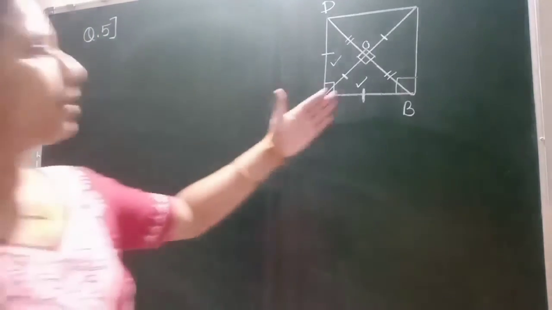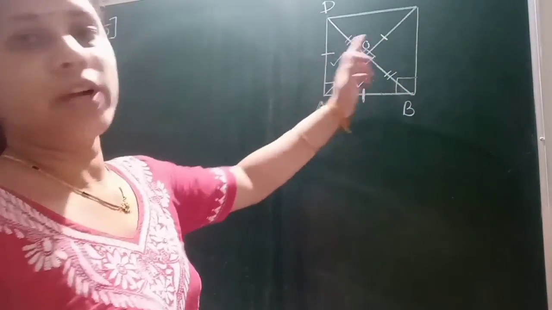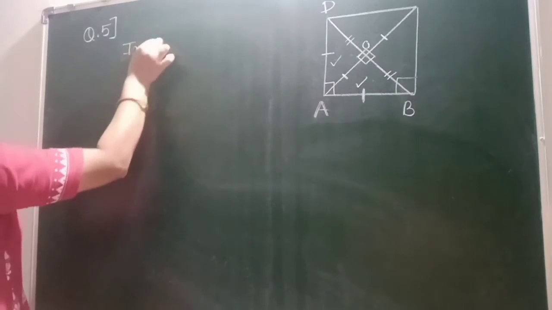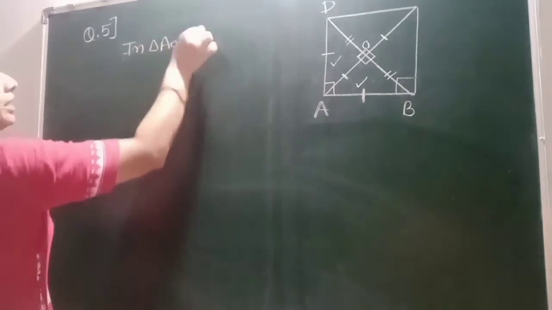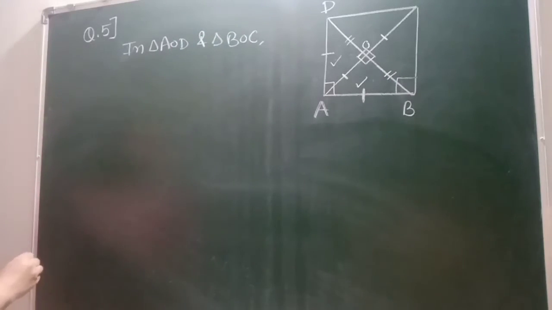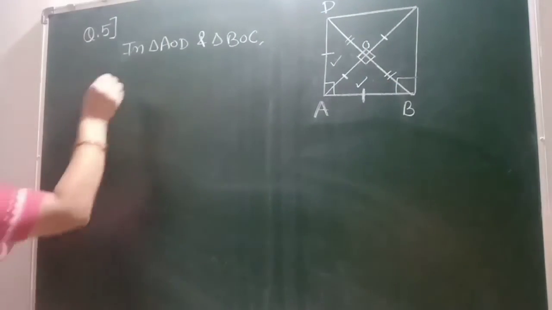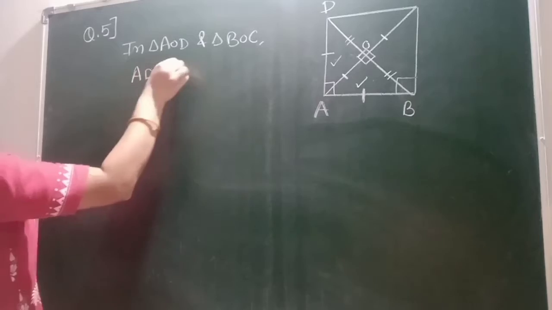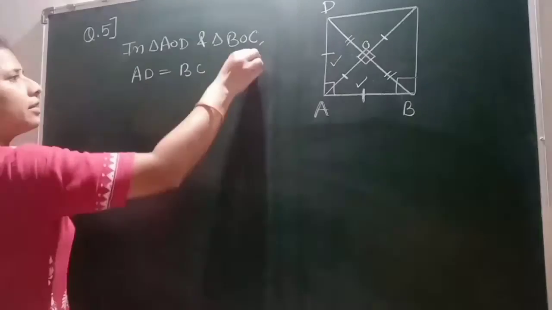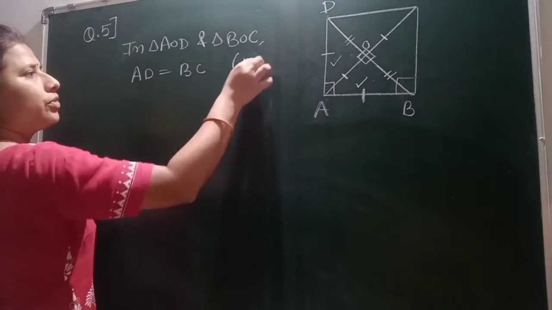For proving each angle equals 90 degrees, now we will prove these opposite triangles are congruent. So now we will take triangle AOD and triangle BOC. Okay. AD equals BC because in this quadrilateral all sides are equal. First we will get AD equals BC. Given, what we will write? We will write just proved.